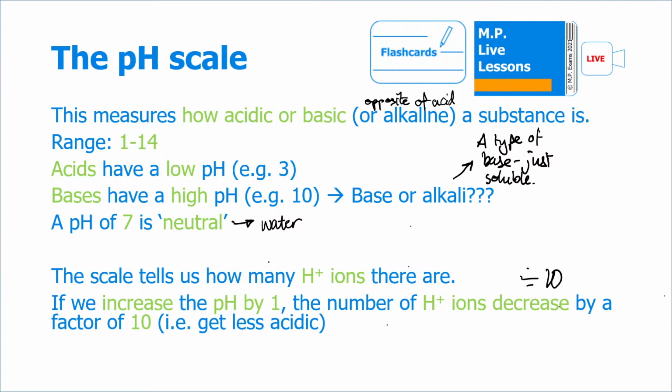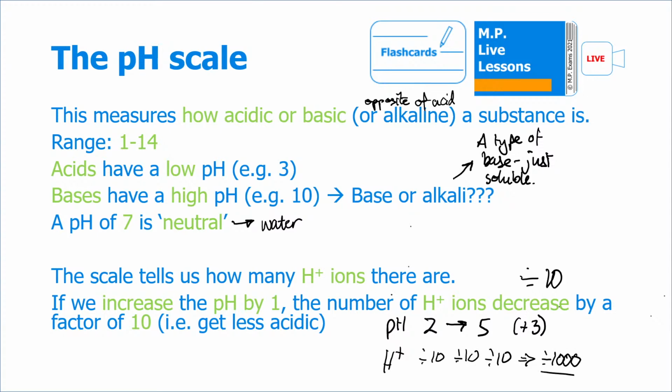So, for example, if the pH goes from 2 to 5, that goes up by 3. But the number of H plus ions decreases by 10 three times. So it's decreased by a factor of 1,000, or just 10 to the power of 3.